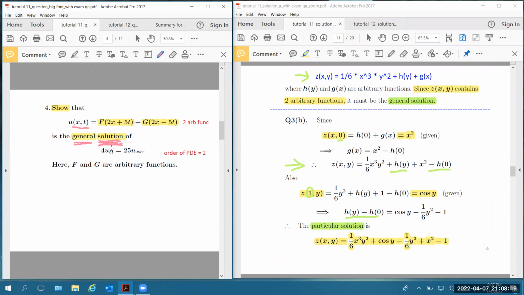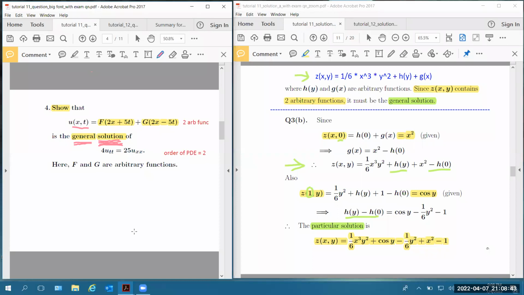What matters here is you need to show that it is a solution. Once you show that, due to the fact that it has 2 arbitrary functions and the order of the PDE is also 2, you can conclude that this is the general solution. I hope you get it all.